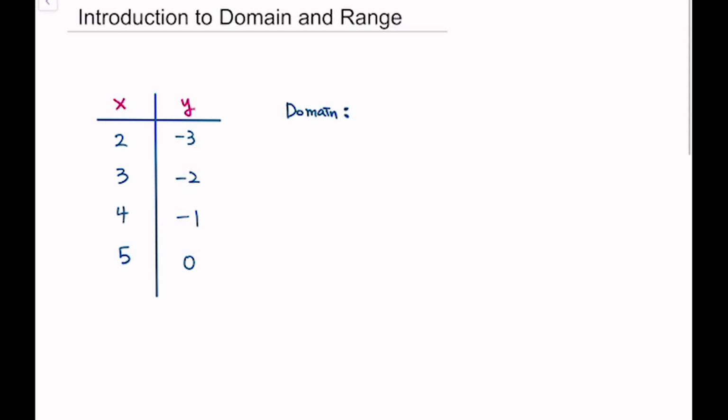So the domain is {2, 3, 4, 5}, and the range is {-3, -2, -1, 0}. When we write those domain and range explicitly, then we need to use the curly parentheses.